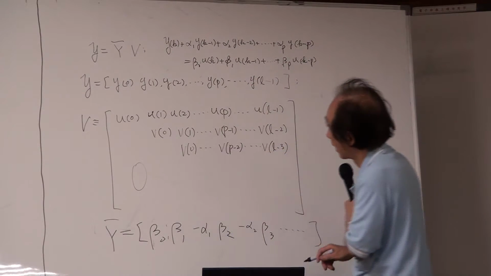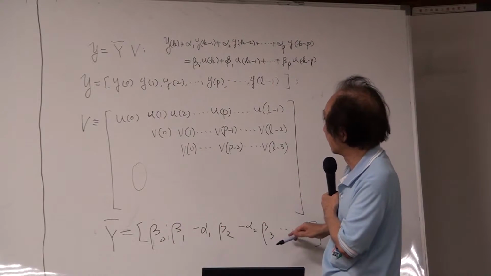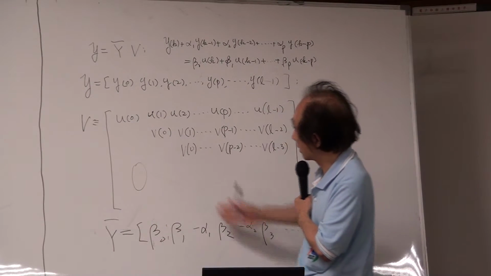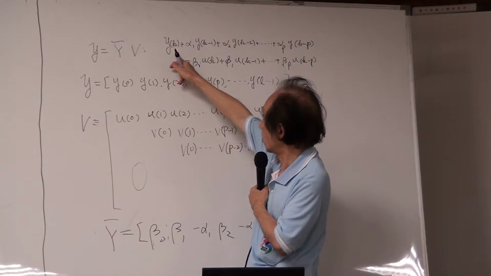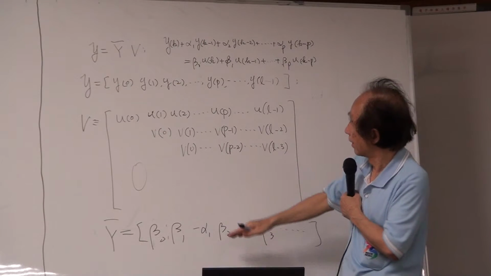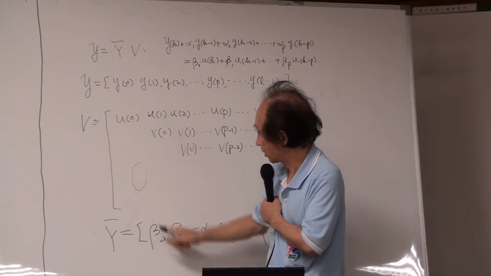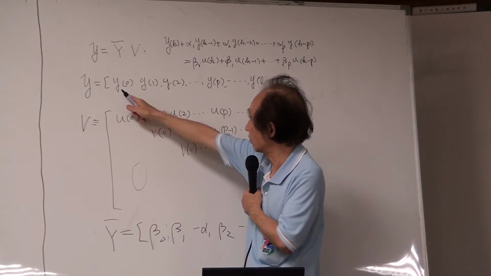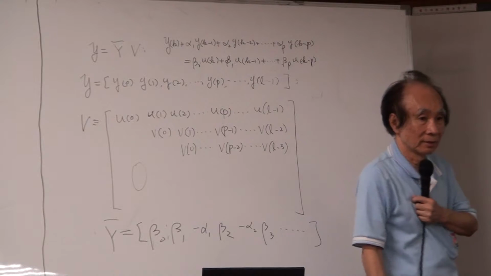Okay. Now, if you substitute this one here, look at this. This one times that one is beta 0 u0 and equal to y0, right? Assume we are at rest. Agree?